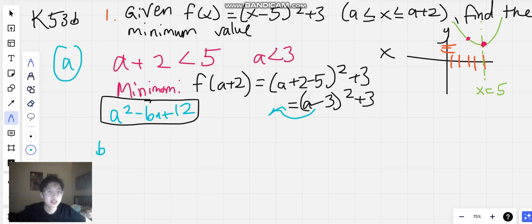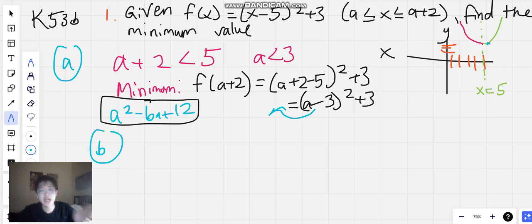But let's consider a second possibility. So let us say that, just erase my whole graph. Okay. Let us say that the a plus 2 now crosses x is equal to 5.